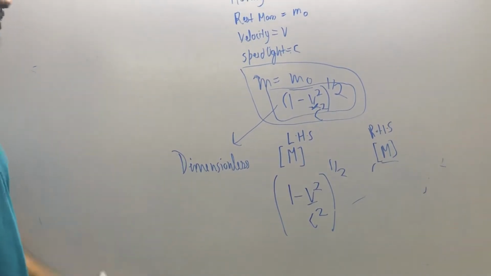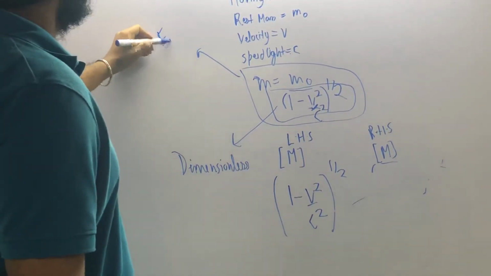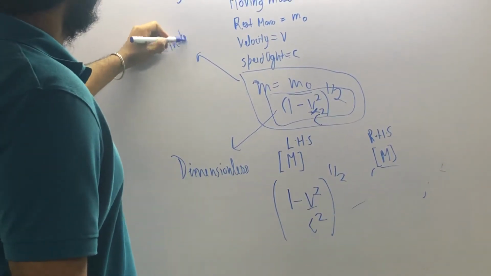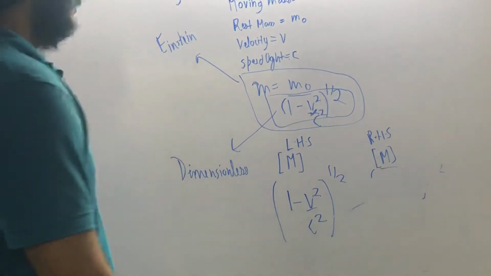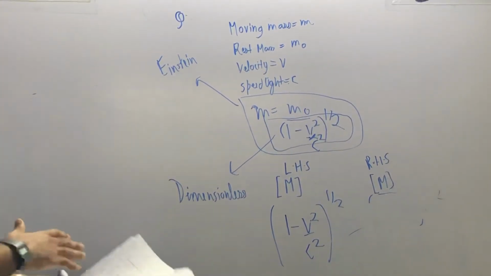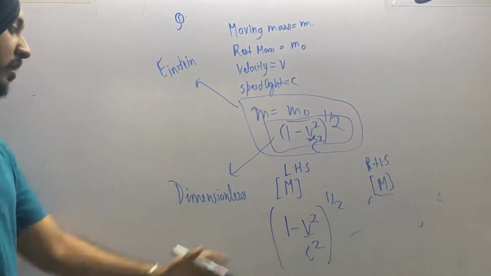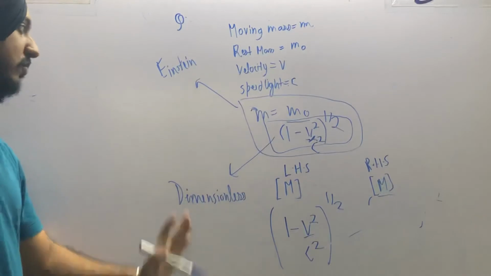Okay, so this is it. Actually, you should know this equation. This equation was given by Einstein. What it tells us is not important here; this is a question of dimension. We have found out the dimension and now this equation is correct.